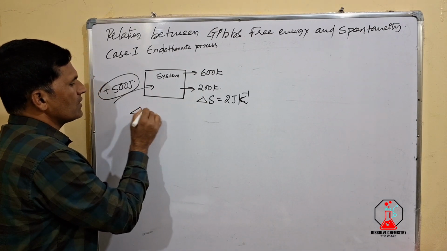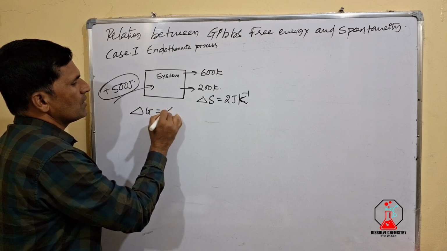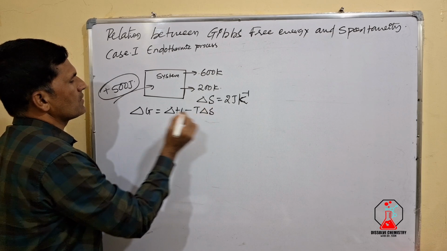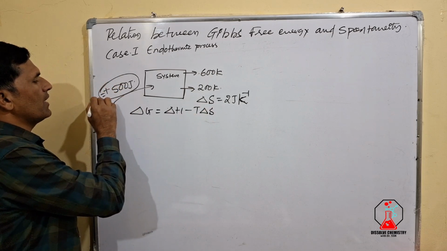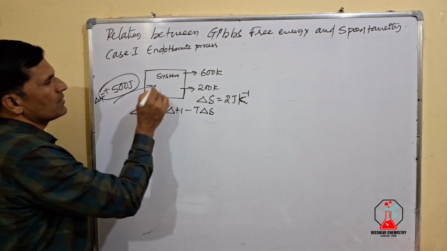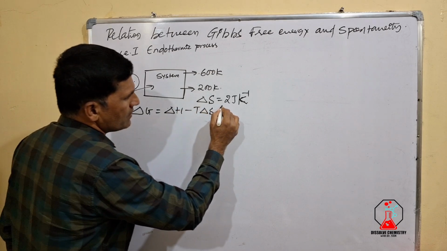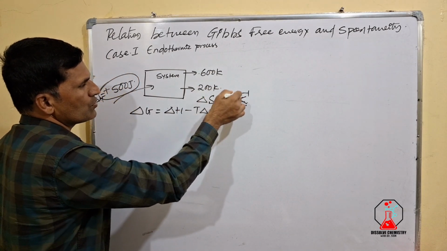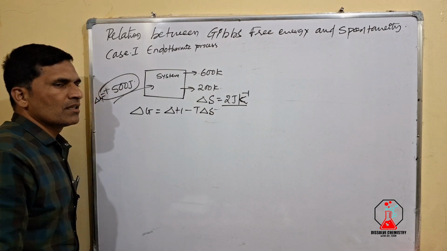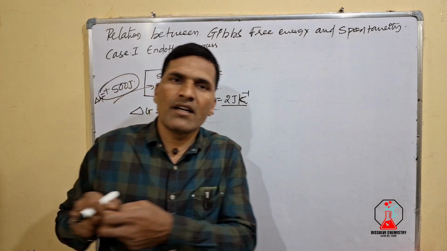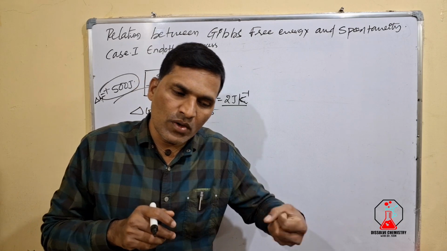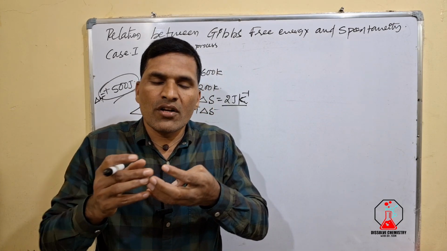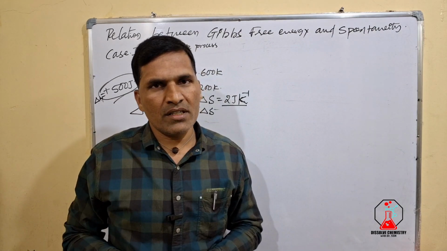We know that delta G is equal to delta H minus T delta S, and this is our delta H. When the system absorbs 500 joules of energy at 200 Kelvin with a change in entropy of 2 joules per Kelvin, it will utilize that energy to expand itself.